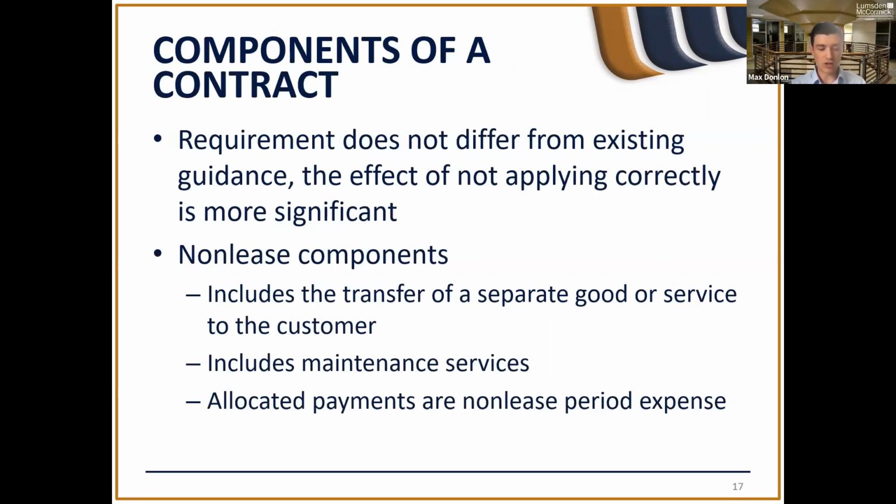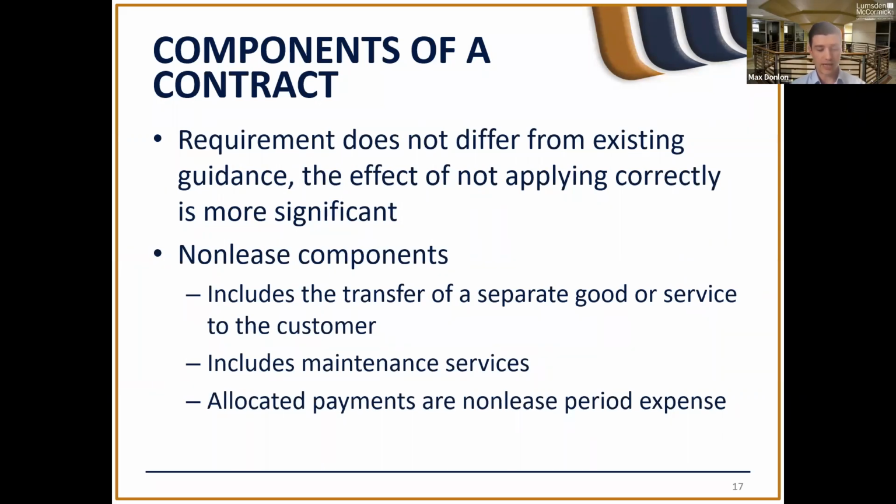So I just want to touch briefly on components of a contract under ASC 842, identifying and separating the lease components of a contract that contains the right to use multiple assets. It's not a new requirement, but the effect of applying the components correctly is more significant under the new ASU.